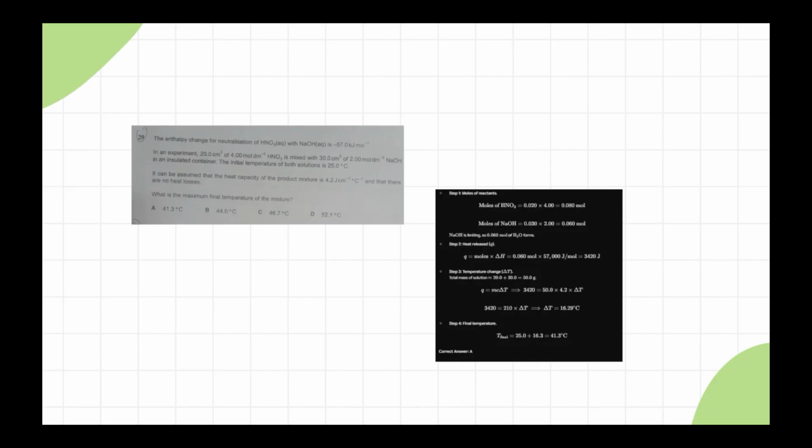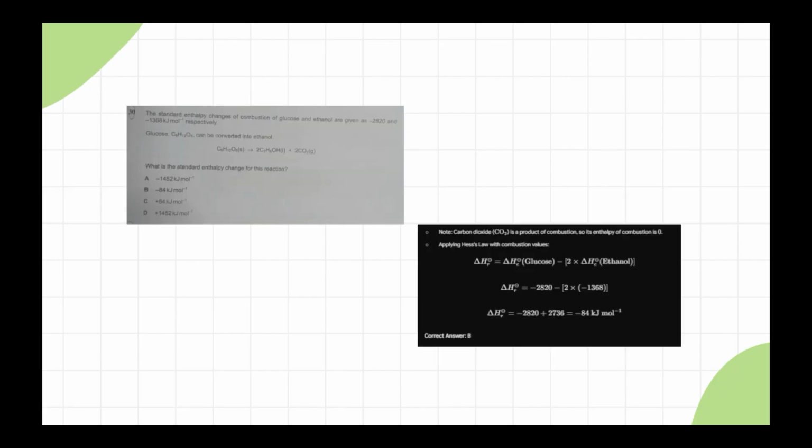The heat released Q is mc delta T. So 3420 equals 50 times 4.2 times the temperature change. 3420 equals 210 times delta T. Delta T is 16.29 degrees Celsius. Lastly, the final temperature is 25 plus 16.3, which equals 41.3 degrees Celsius. So the final answer is A.